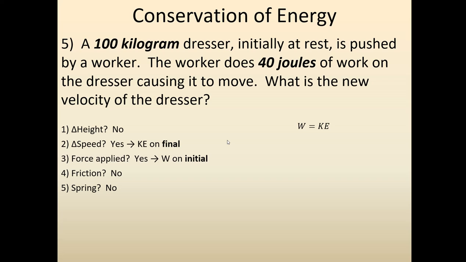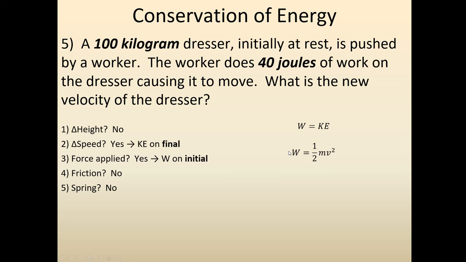Now, here's the thing. I already know what the work is, so I don't need to plug in the equation F times d for work. But the question is asking what is the velocity? That's related to the kinetic energy. So I'm going to rewrite this as work equals 1/2 mv squared, because I'm going to substitute the equation we have for kinetic energy in so that I can use that to find speed.